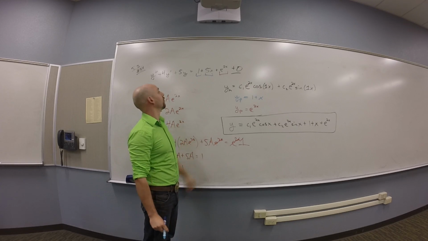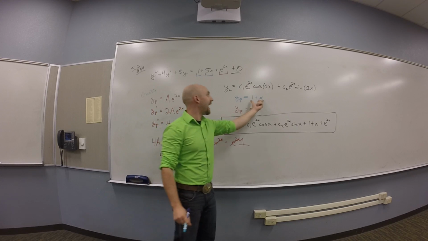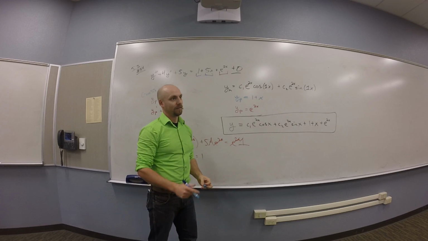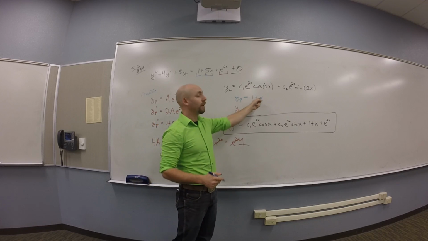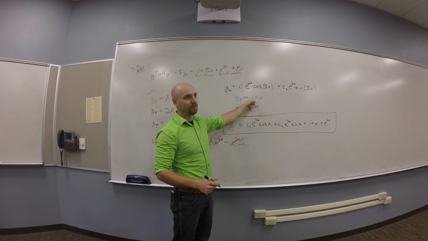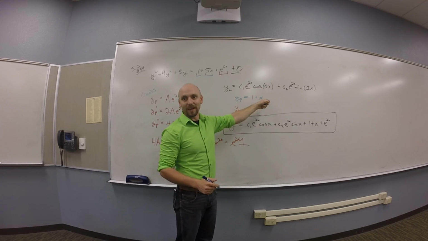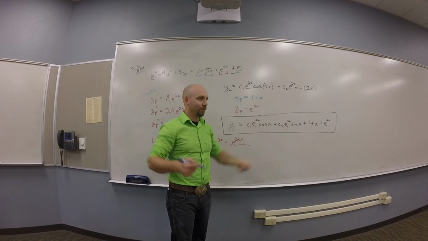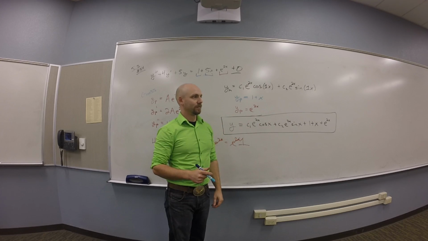And in the end, those two things together, whatever you get, would add up to this 1 plus x. They might not actually be 1 and 1x. They might be 2 and x minus 1. I don't know. Does that kind of make sense?